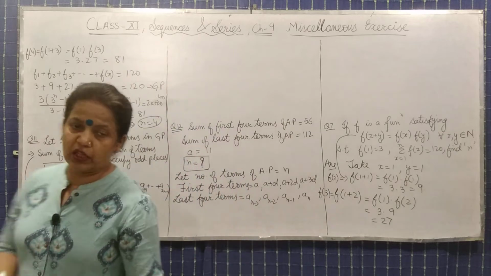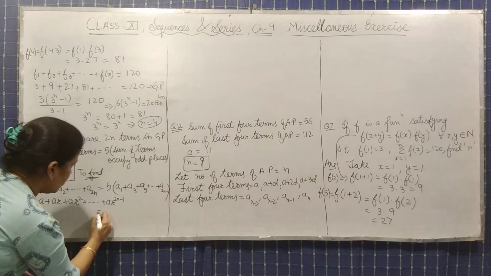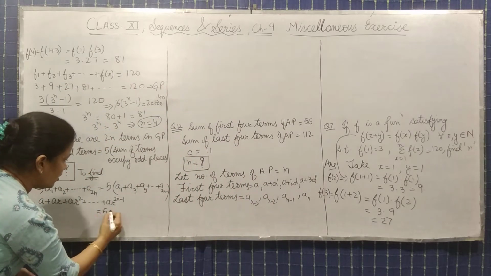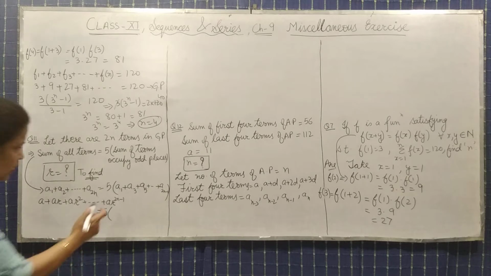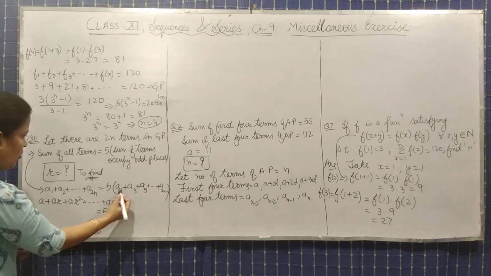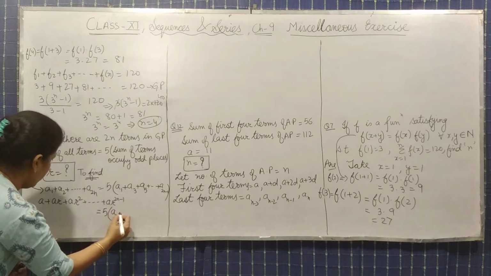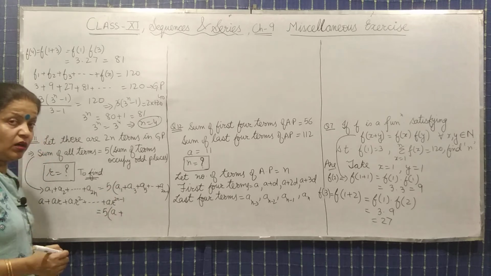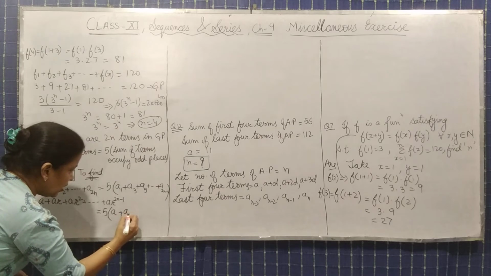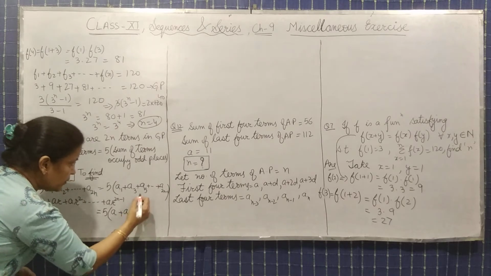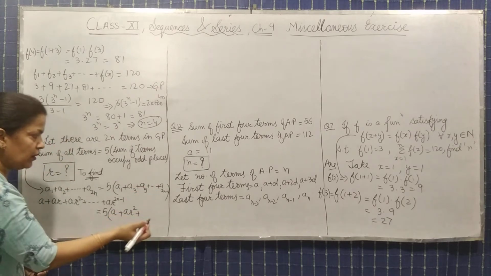Okay. And this is equal to 5 times the sum of odd terms. First यहाँ पे देखिए, first term is a. This is the third term. What should be the third term? Third term क्या होगी? ar power 2. Then fifth term क्या होगी?